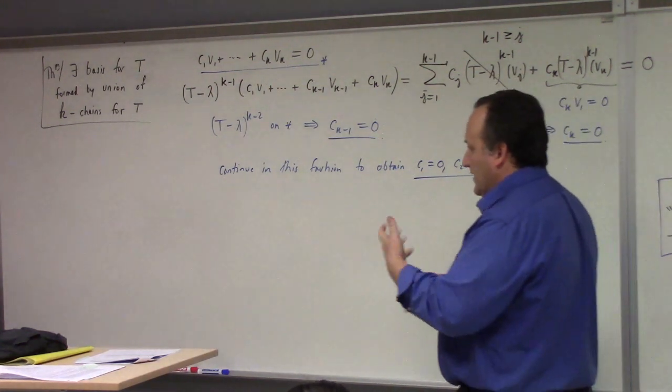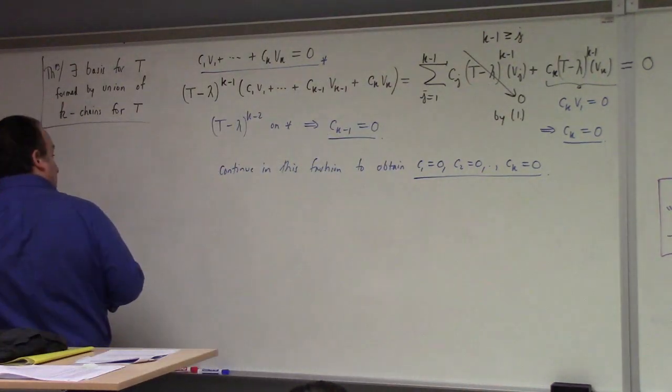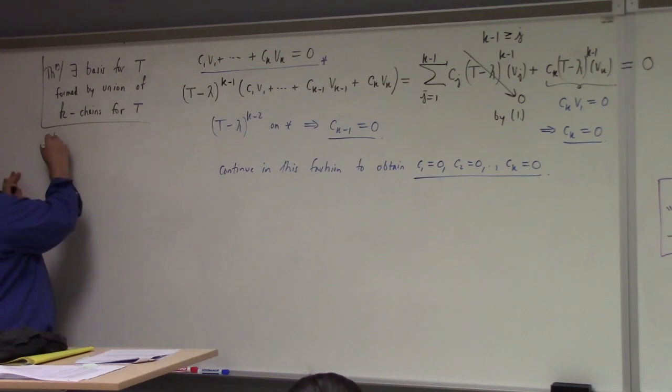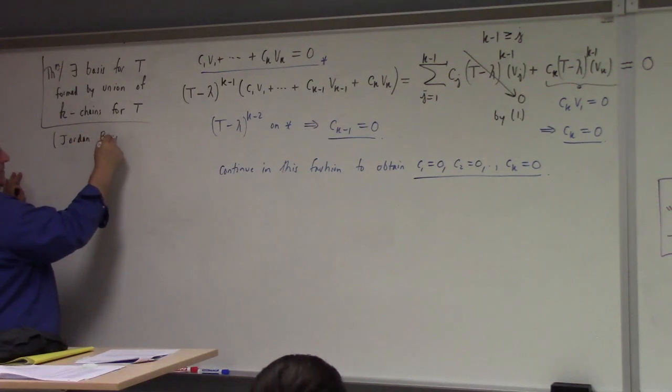This basis that I'm talking about, which is formed from a union of k-chains, is known as a Jordan basis. All right.